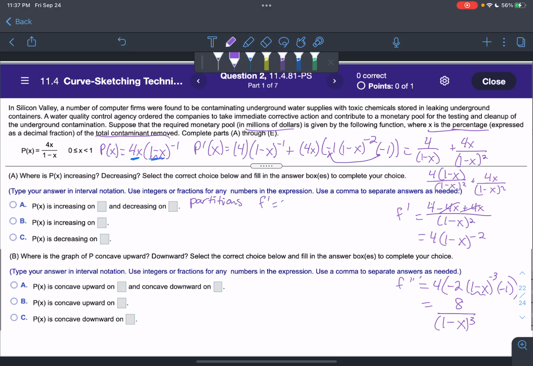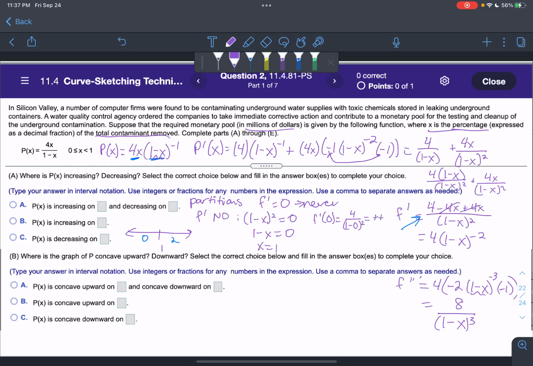F prime is equal to 0. In looking at this form, it will never be 0, right? Never. So f prime is not defined when my denominator is equal to 0. So that's 1 minus x quantity squared is equal to 0. So 1 minus x equals 0, or when x equals 1. So that's going to be on my sign chart. Let's test 0 and 2. So f prime of 0 gives me 4 over 1 minus 0 squared.